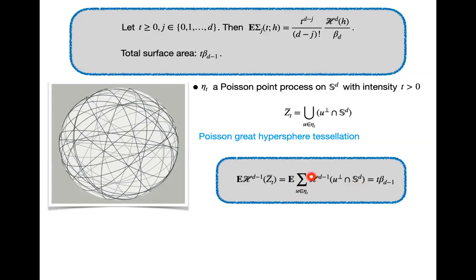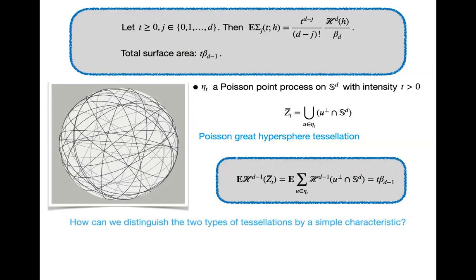But for each of these hyperplanes, the intersection is a full great hypersphere of dimension d minus 1, regardless of what u is. And the (d minus 1)-dimensional Hausdorff measure of this is just beta_{d-1}. And then it's just the expected number of points in this Poisson point process, which is t, because t was the intensity. And if you compare, this is exactly the same as in our splitting tessellation.